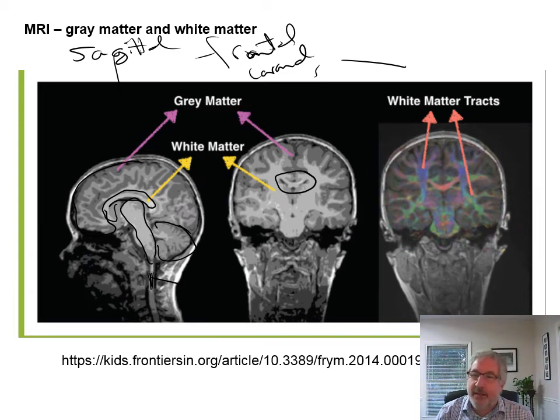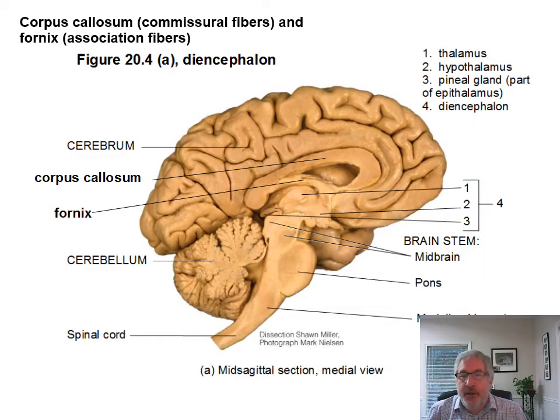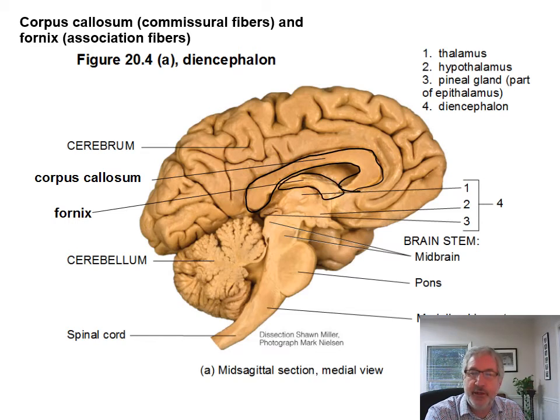Okay, next slide. So here's the corpus callosum. Here's what it looks like in a mid-sagittal section. So there's the corpus callosum all the way around here. Okay, this is called the fornix, this little arch here. So the C-shaped corpus callosum, that should help you see. It's C-shaped, so corpus callosum both start with C. Fornix.